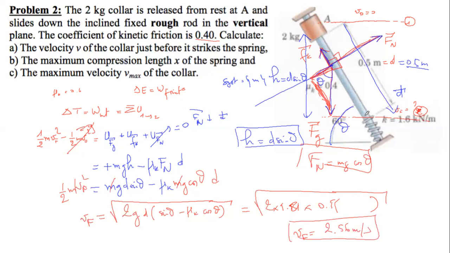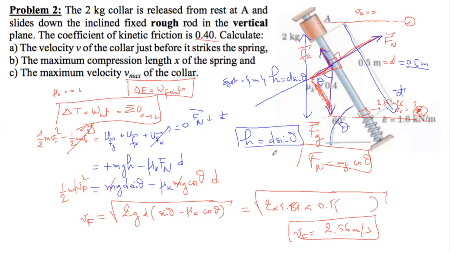So the velocity when the collar reaches here is 2.56 meters per second. So that was the first question. We could have used the other method, but we prefer to use the work kinetic energy theorem. It gives you the same answer.